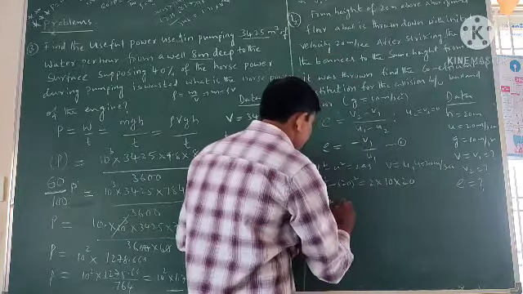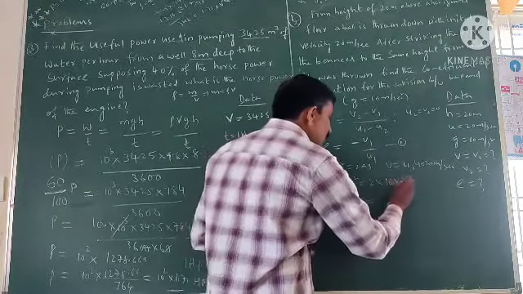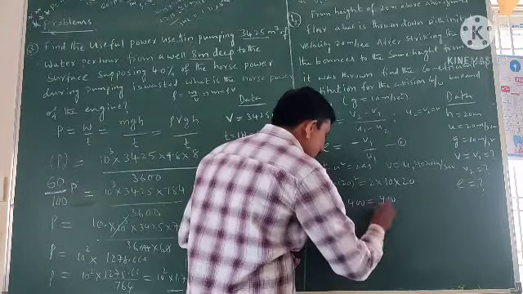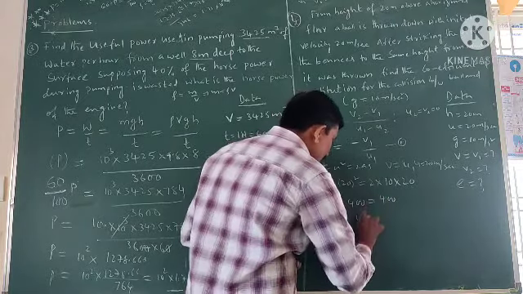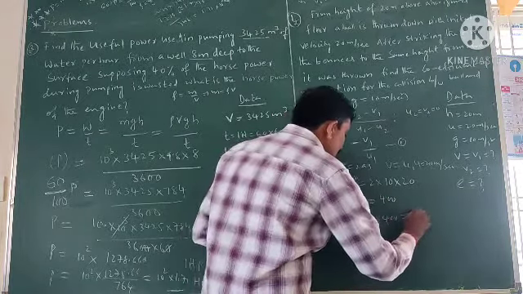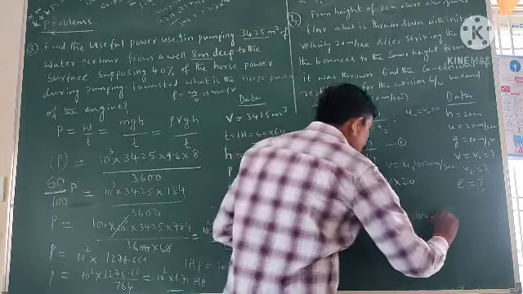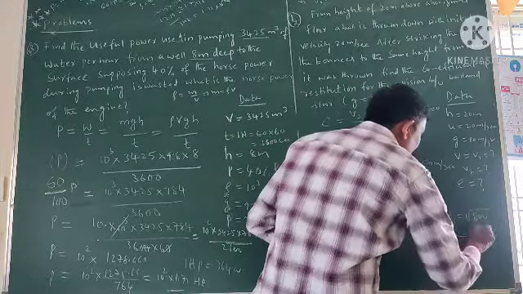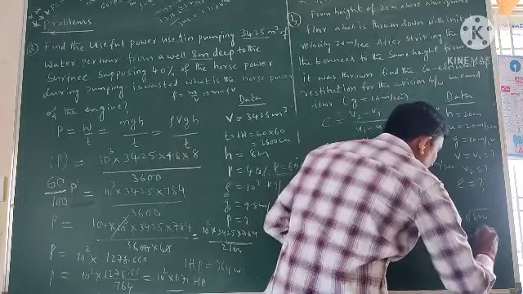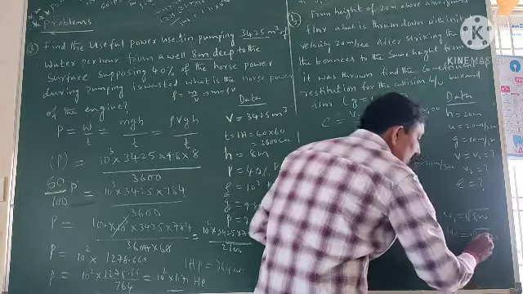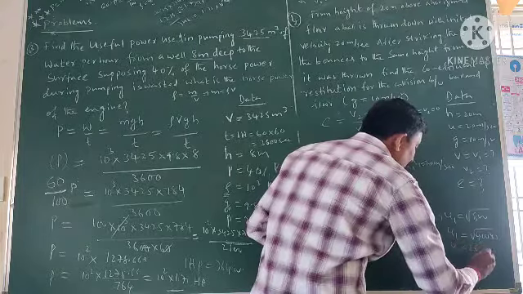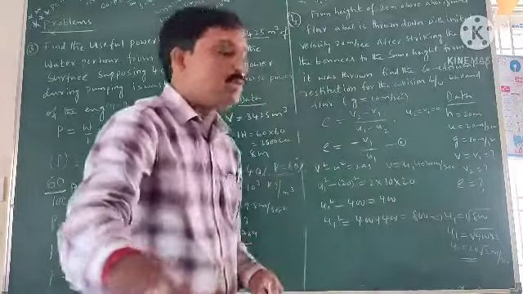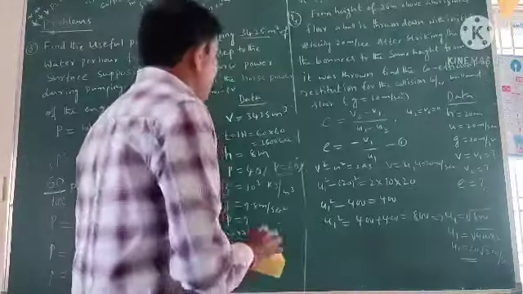So U1 square minus 400 is equal to 400. U1 square is equal to 400 plus 400, 800. U1 is equal to under root 800, which is 400 into 2, and 400 is 20 whole square. So U1 is 20 root 2 meter per second. Now find out the V1 value.